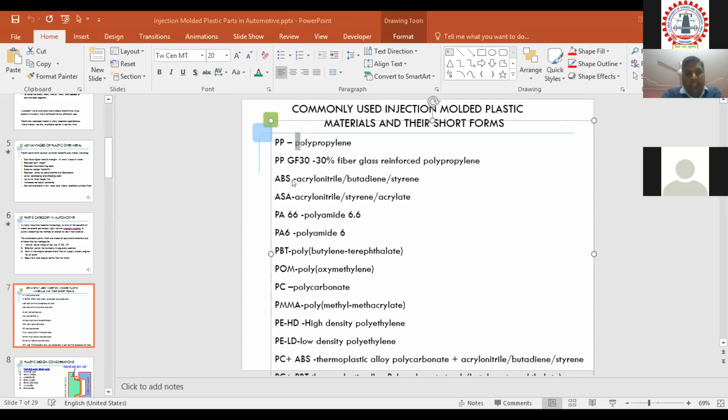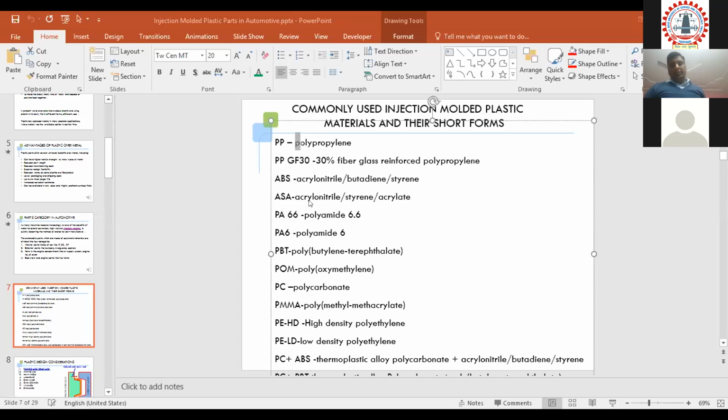Now ABS and ASA, these two materials are used in the same application. The only difference is ABS is used for painted parts and ASA is used for non-painted parts which are exposed to direct sunlight, because sunlight deteriorates the surface finish because of ultraviolet rays.